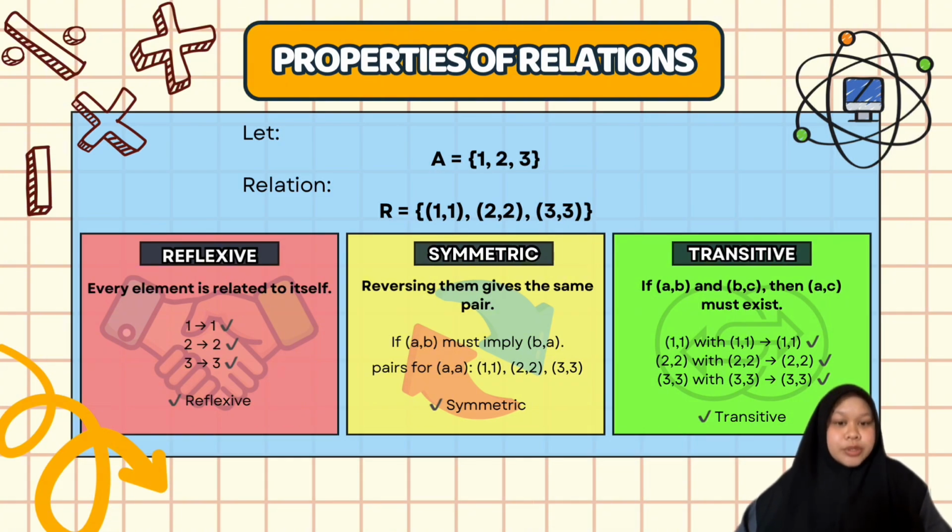Since all the ordered pairs are of the form (a, a), reversing them gives the same ordered pair. Therefore, this relation is symmetric. The third property is transitive. A relation is transitive if whenever (a, b) and (b, c) exist, then (a, c) must also exist. In this example, this condition is satisfied, hence the relation is also transitive.